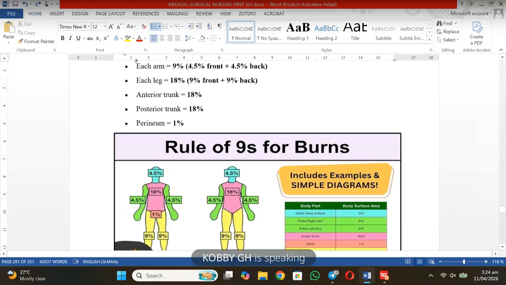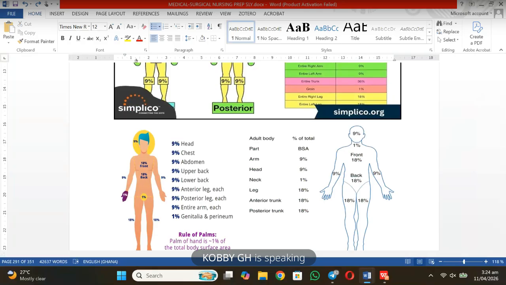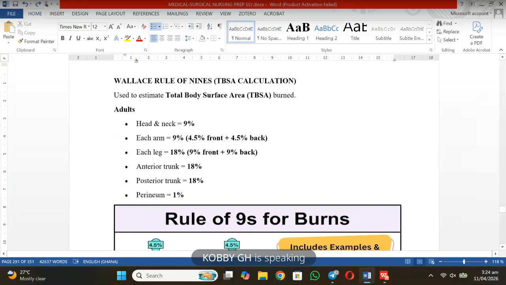If the burn is affecting the entire head, it's 9%. The head and the neck, 9%.